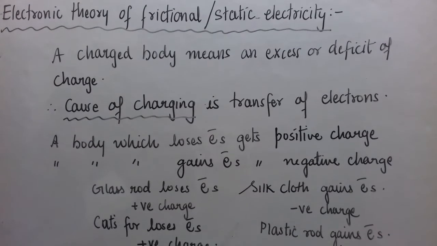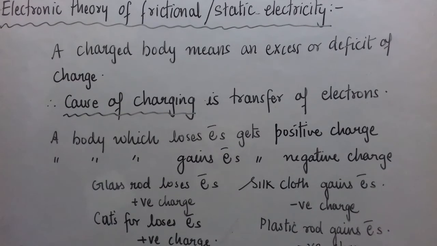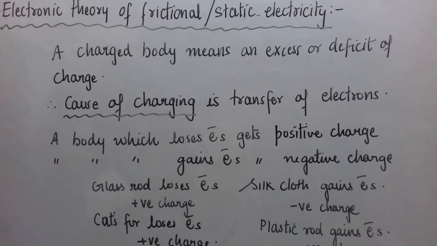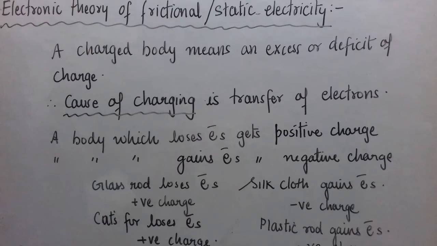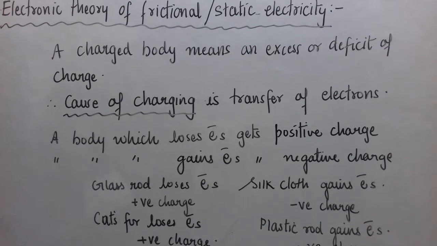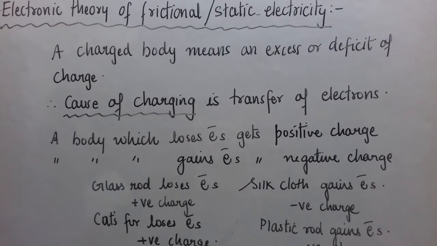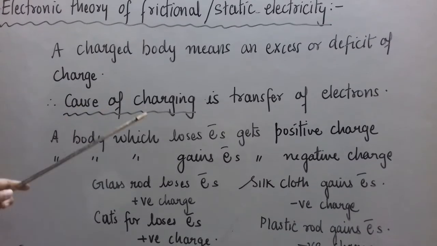So a body can be charged positively or negatively by losing or gaining some electrons. If a body loses electrons which are less tightly bound to it, it will become positively charged, and the other body which gains electrons will become negatively charged. So what is the cause of charging?